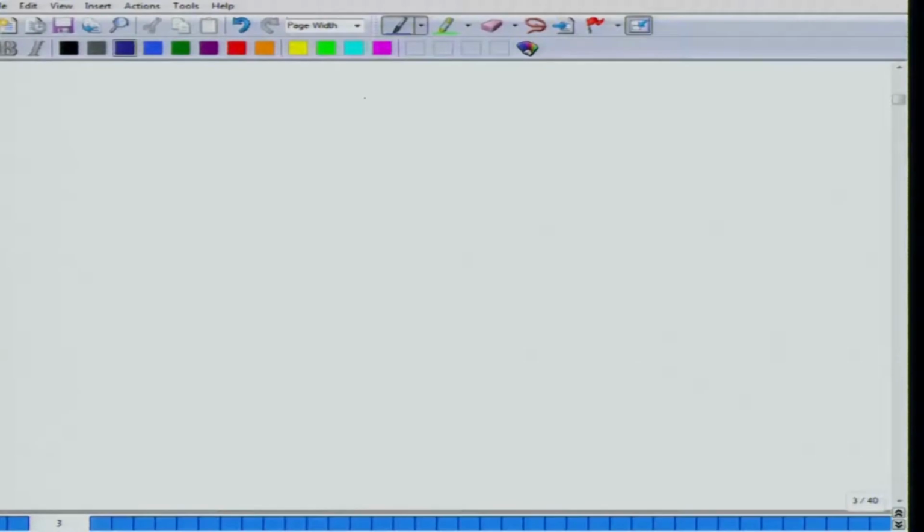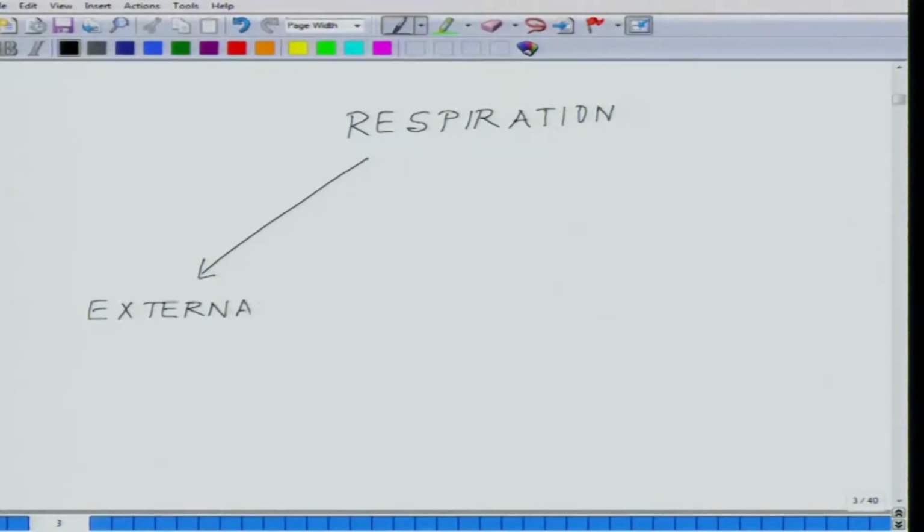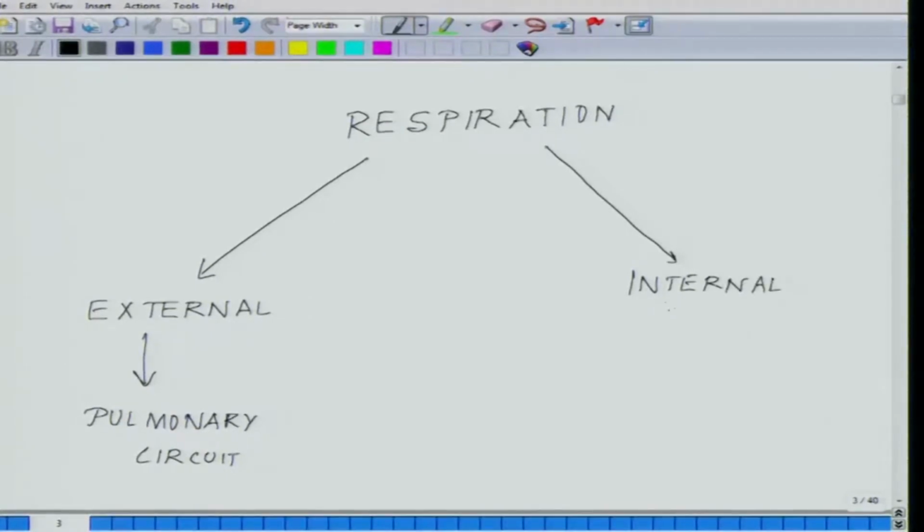So, basically we are dividing respiration into two parts. Respiration: this is the external respiration in the pulmonary circuit, external, and this involves the pulmonary circuit, and then there is an internal, which is in the systemic circuit.